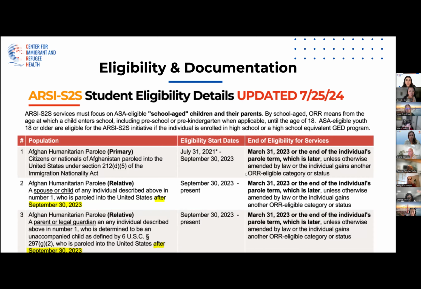The spouses, children, and parents of parolees who arrived in the initial eligibility window of July 31st, 2021 are also eligible. I know this is very confusing because it says September 30th, 2023, but that just means that in addition to that initial eligibility window, they are also eligible between September 30th, 2023 and till now.